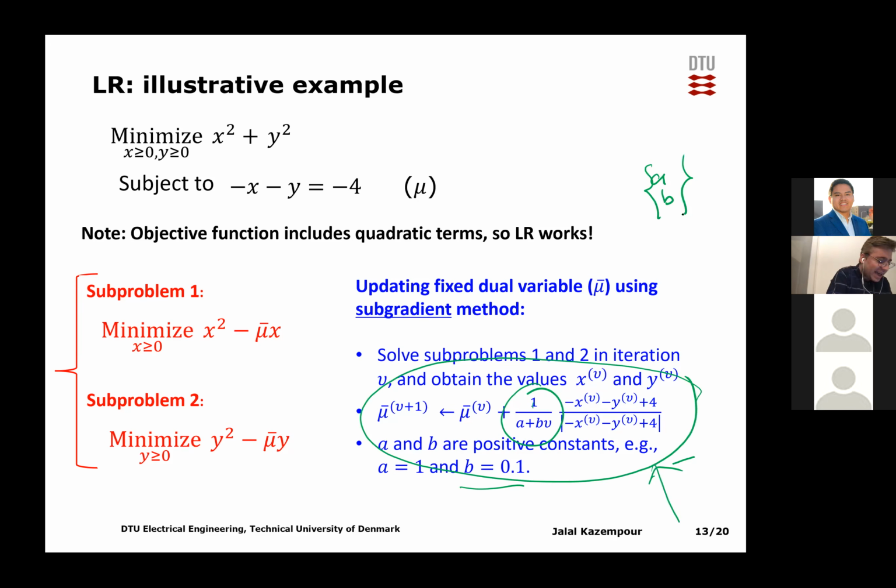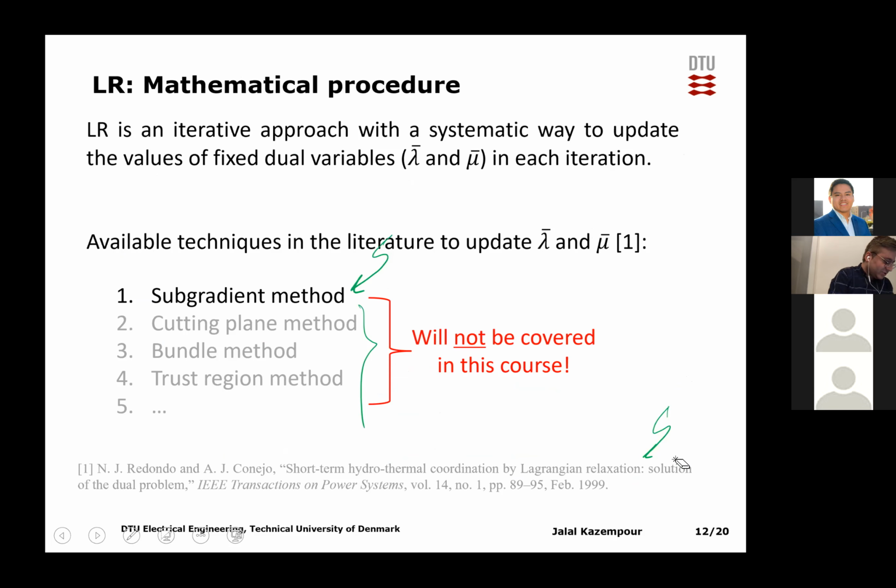You can check how with different values of this weight, you get convergence with higher iterations or fewer iterations. You can try it out. A step size, thank you. Step size. Good. And if you are really, really interested, I also suggest you go through other approaches to update mu bar.